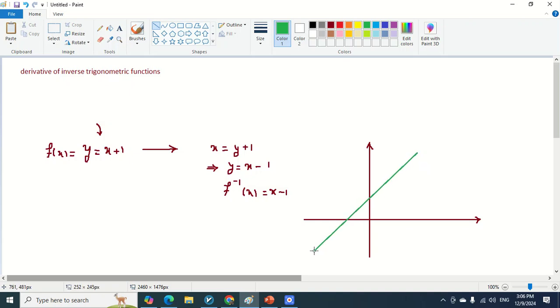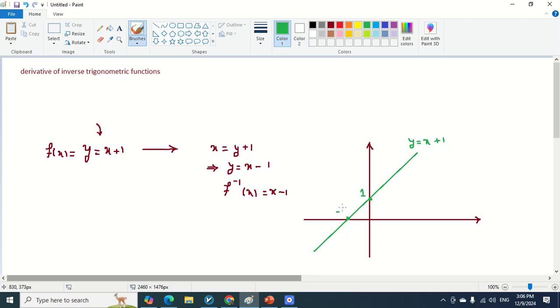So this is the graph of f of x, y equal to x plus 1. And you can see that the y-intercept is 1, and the x-intercept is equal to minus 1.